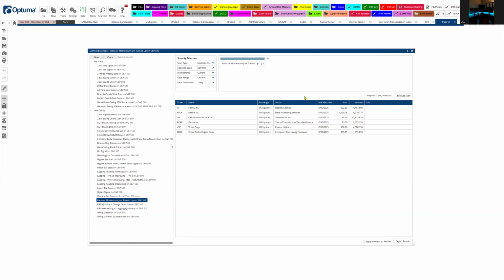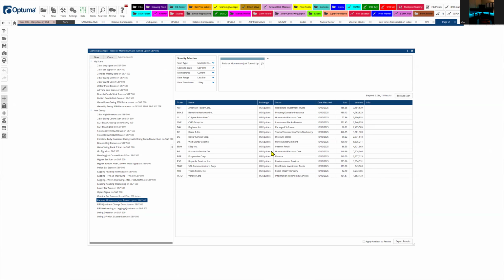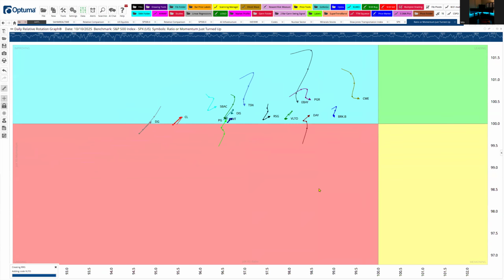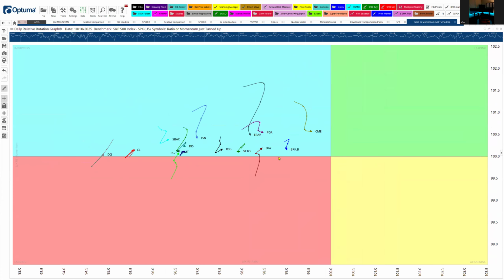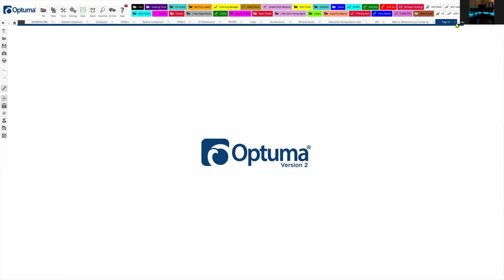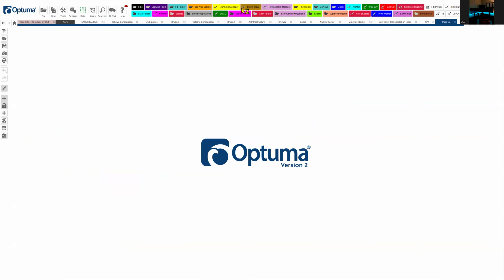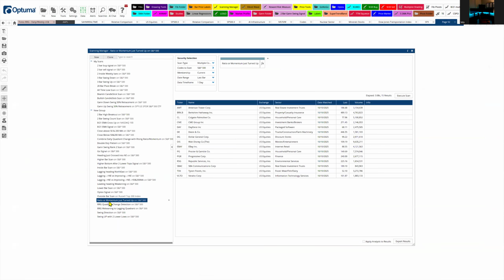There are so many ways you can calculate and look for what you're looking for. You can just go by the ratios. I have everything there. You can use ratio or momentum.